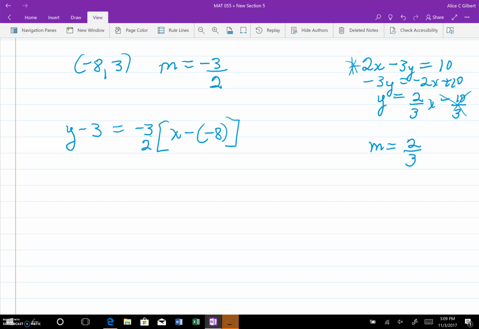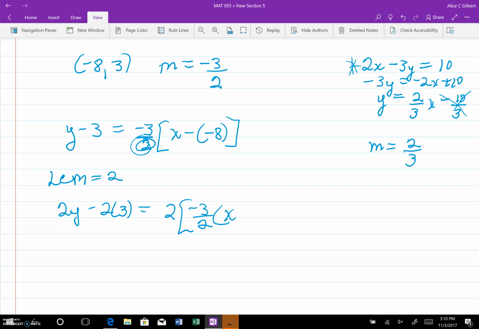Okay, so again, first thing, LCM is 2. So 2y minus 2 times 3 equals -3 halves times x.